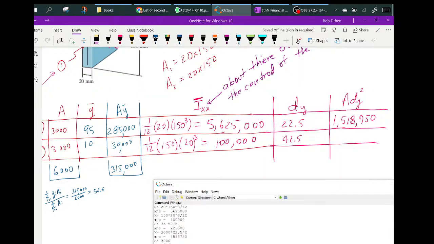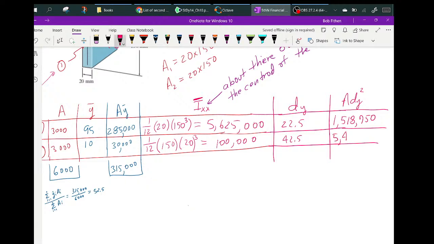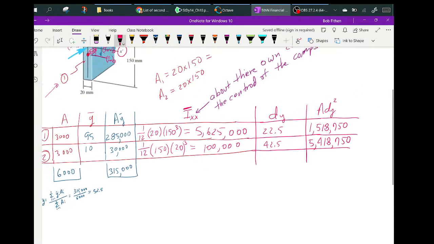3,000 times 42.5 squared is 5,418,750. Now what do I do?